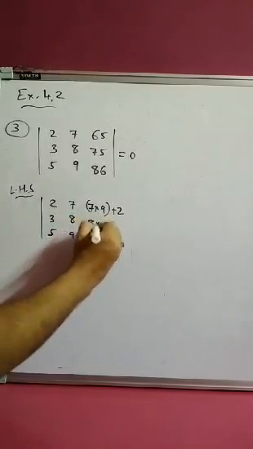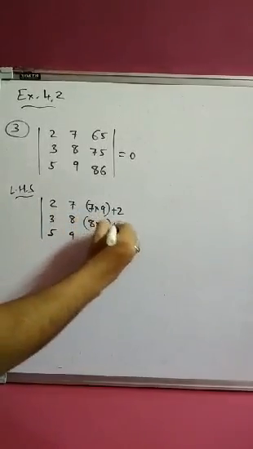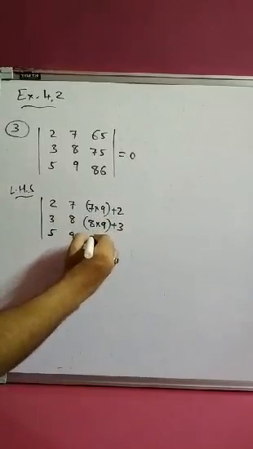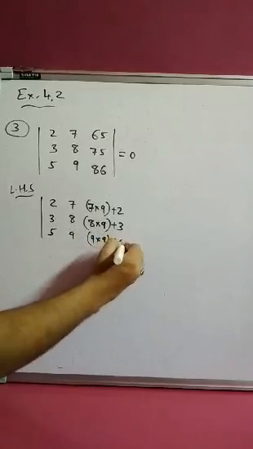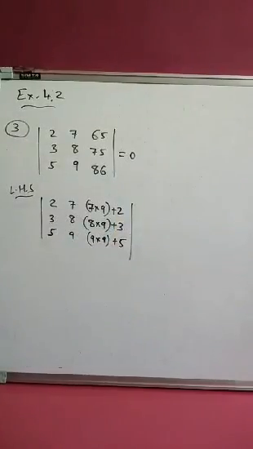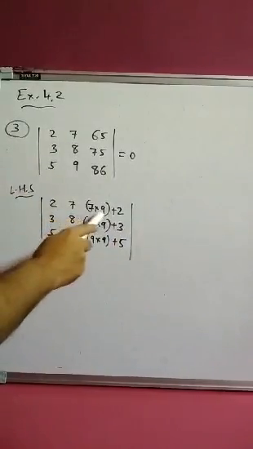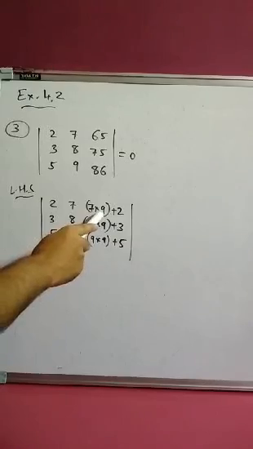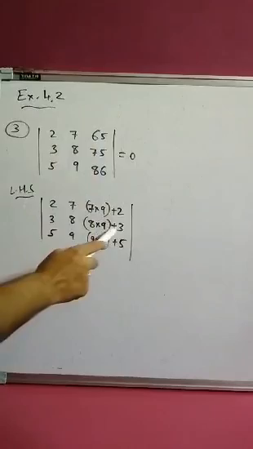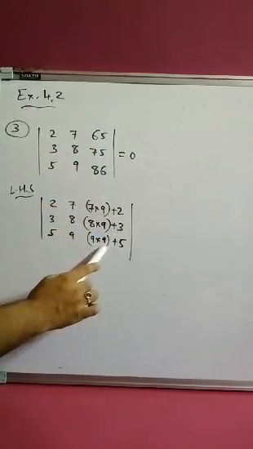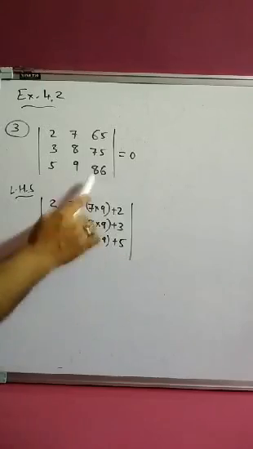Here can I write 8 multiplied by 9 plus 3? Here I am writing 9 multiplied by 9 plus 5. You see what I have done? 7 nines is 63 plus 2 is 65. 8 nines are 72 plus 3 is 75. 9 nines are 81, 81 plus 5 is 86.